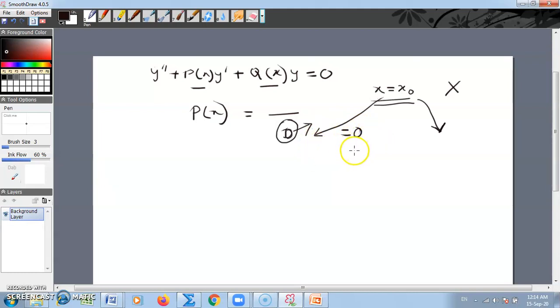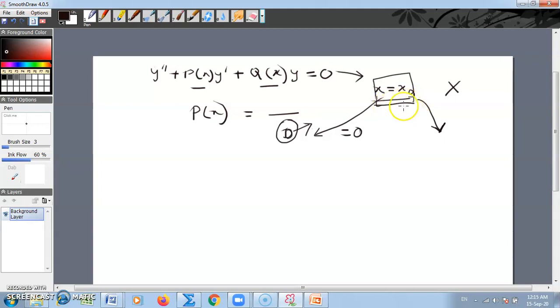So if it's singular, we have to again check what kind of singular point it is. For this differential equation, we can find that it's not analytic at x is equal to x naught.